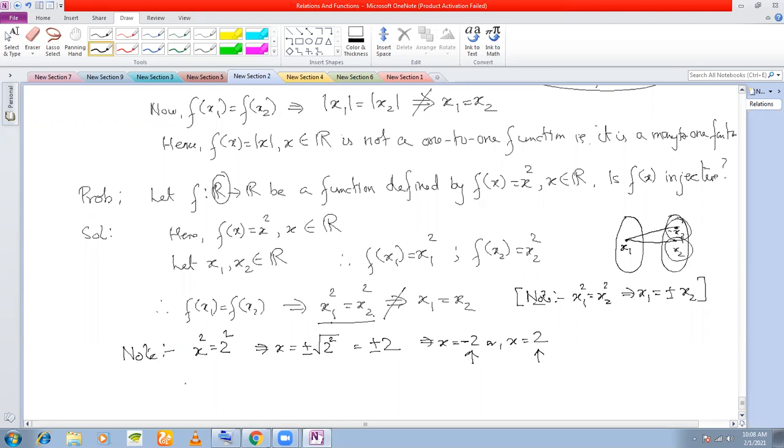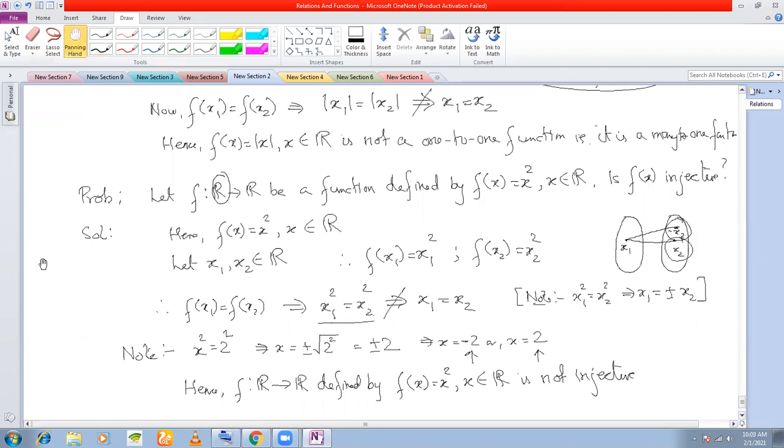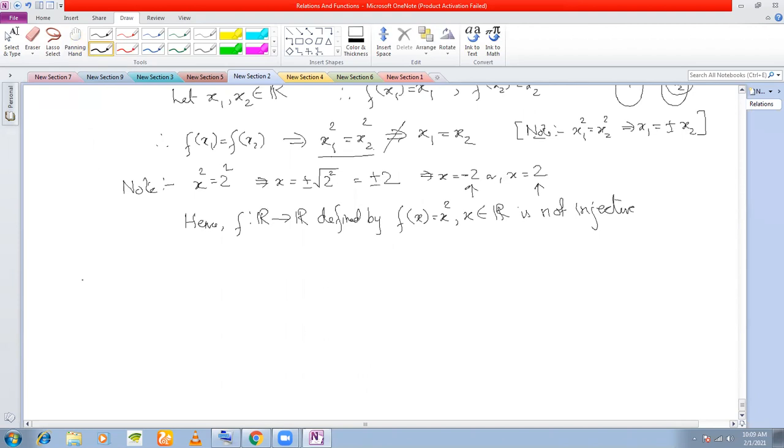So therefore, we say hence f: R to R defined by f(x) is equal to x square, x belongs to R, is not injective or one-to-one. Clear? Let us move on to surjective functions.